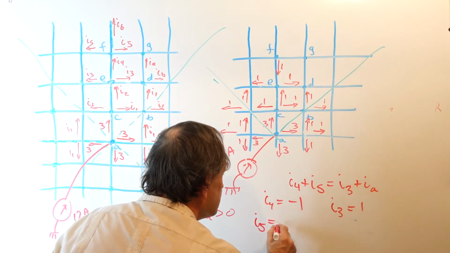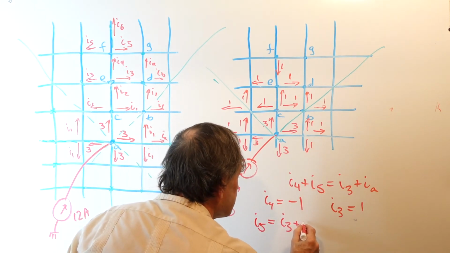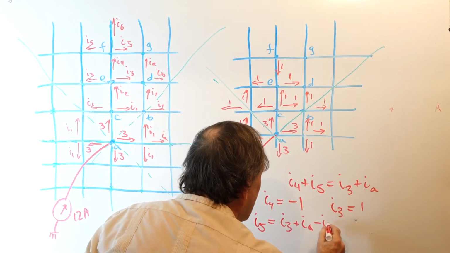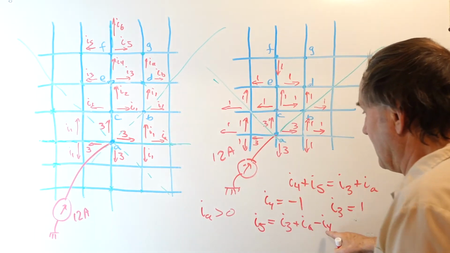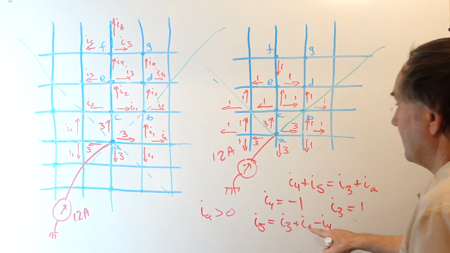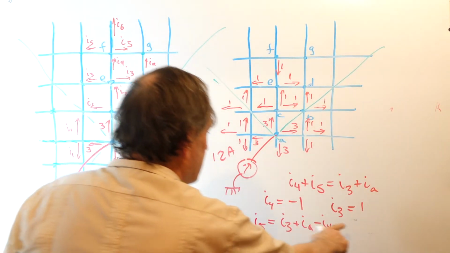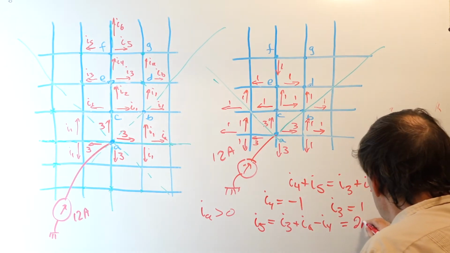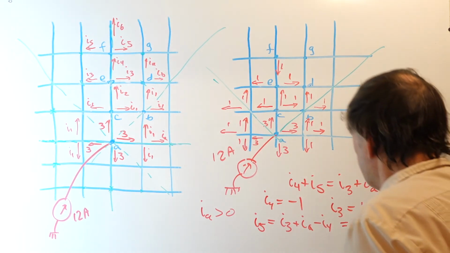I5 is equal to I3 plus IA minus I4. But I4 is a minus 1, and I3 is equal to 1. So putting in here, we have 2 amperes plus IA.